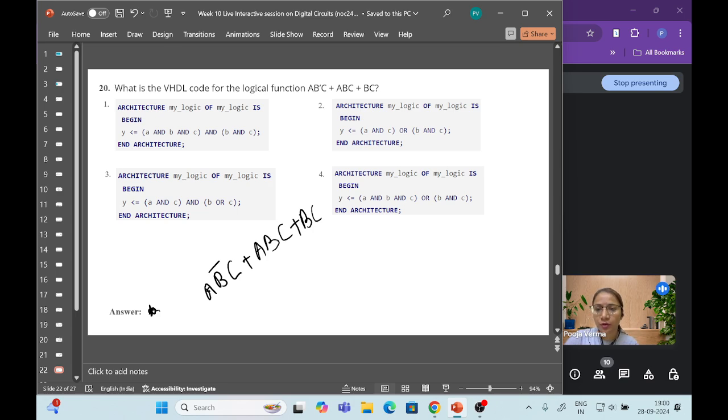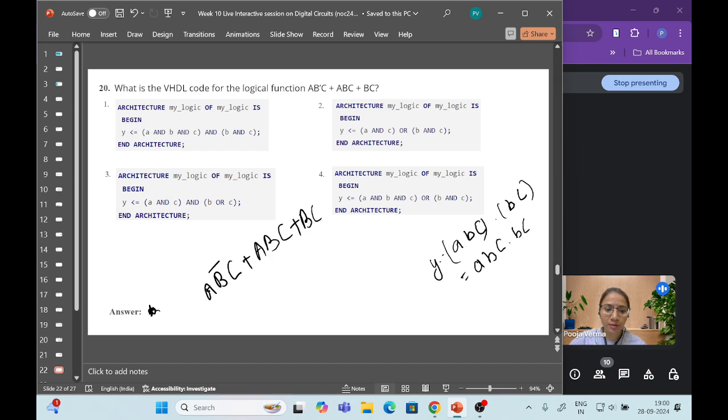architecture where the logic is, if we solve this, A and B and C, then again B and C. So what function will we get? That is ABC into BC.